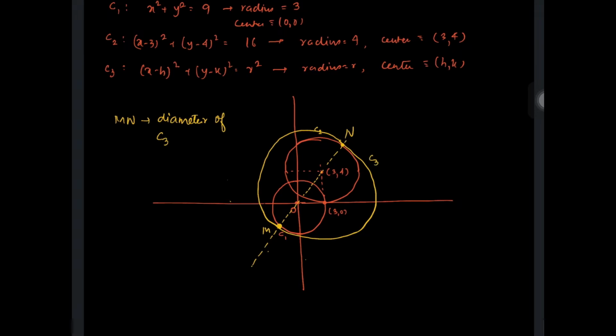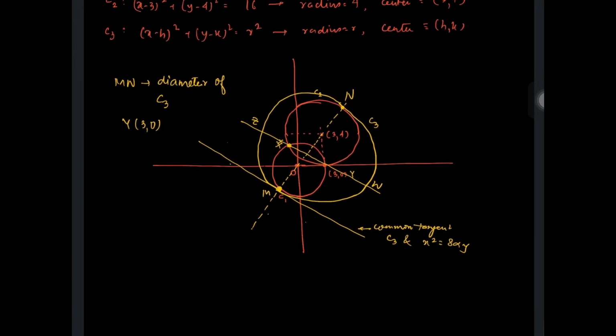Okay, and this point is X, this point is Y. So I know the coordinate of Y as 3, 0, but I do not know the coordinate of X. Moreover, if we join X and Y, it cuts C3 at Z and W, and a common tangent is also given. So this is the common tangent of C3, and x square is equal to 8 alpha y.